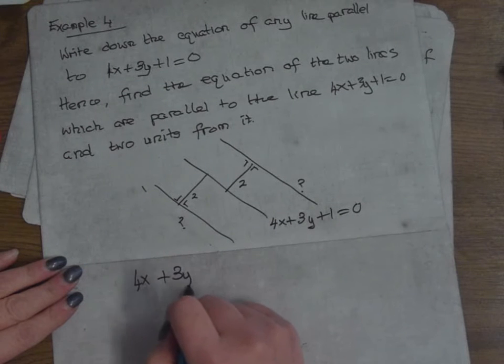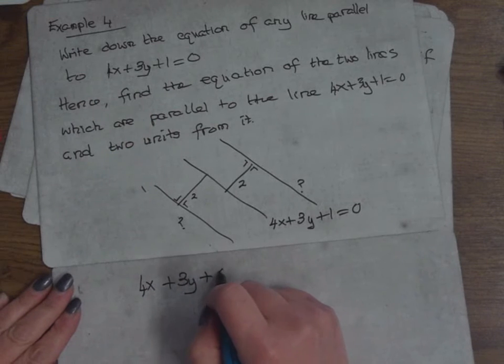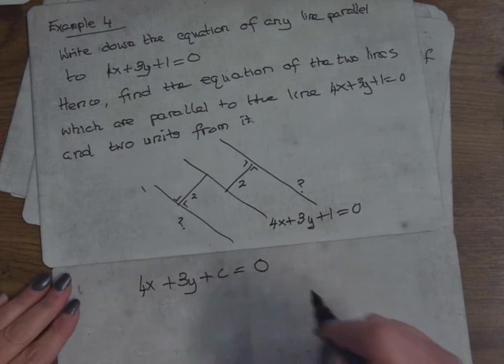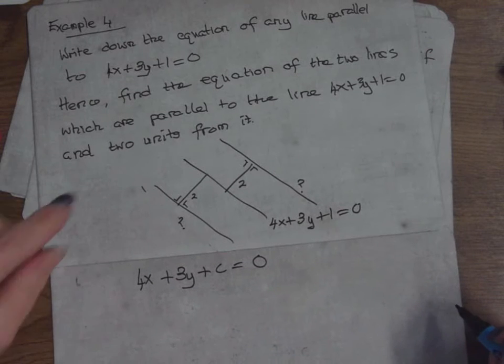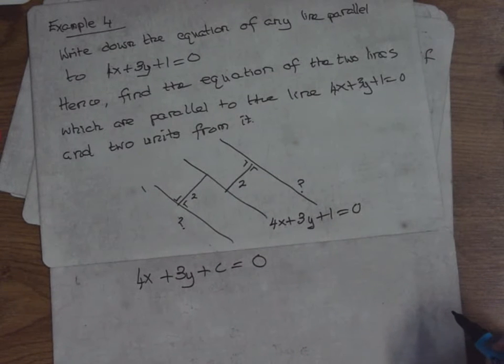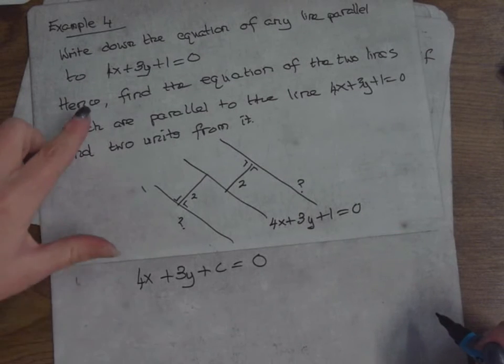The number at the end could be anything, so I'll just call it C. That can be any number. So 4x plus 3y plus 4 is parallel, 4x plus 3y minus 7 is parallel, 4x plus 3y plus absolutely anything is parallel to that line.